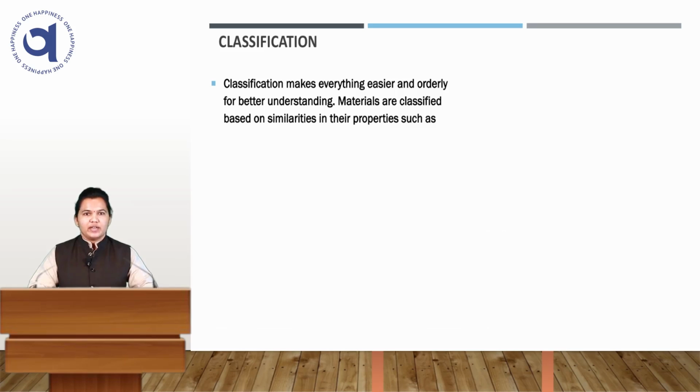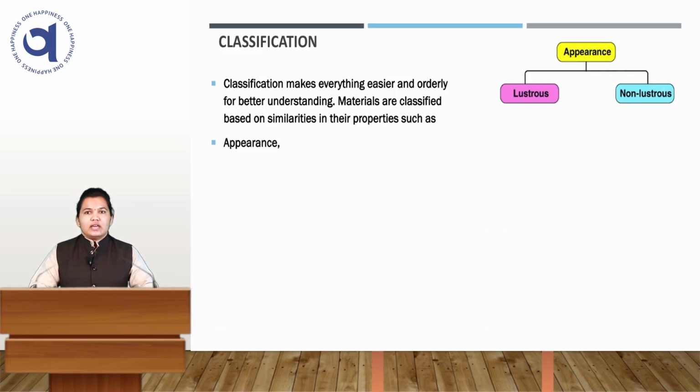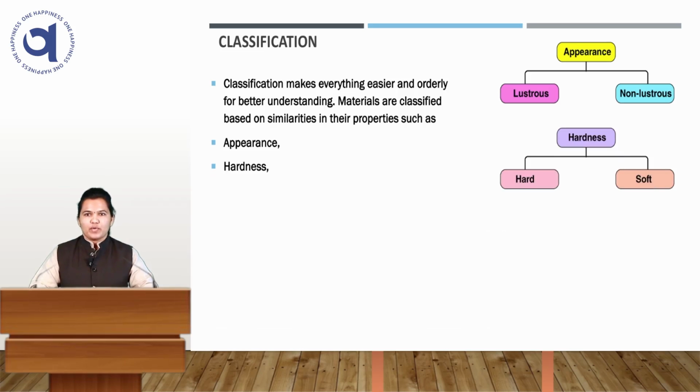Materials are classified based on similarities in their properties such as appearance. There are two types of appearance, lustrous and non-lustrous. Lustrous means shiny and non-lustrous means the objects that do not shine. Second one is hardness. There are two types of hardness.